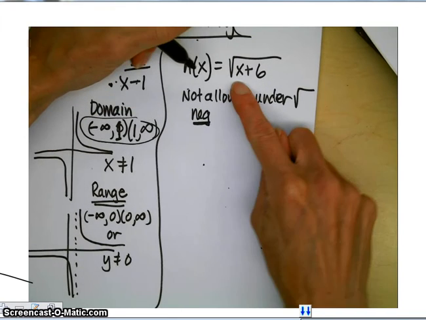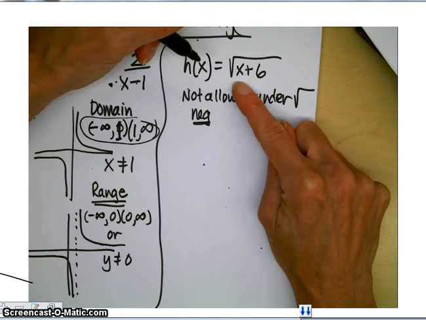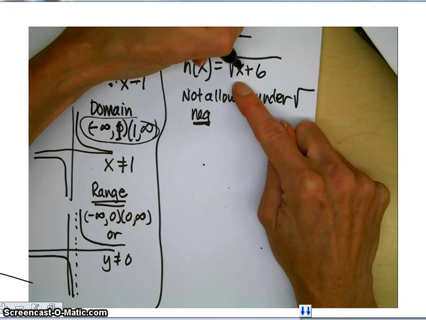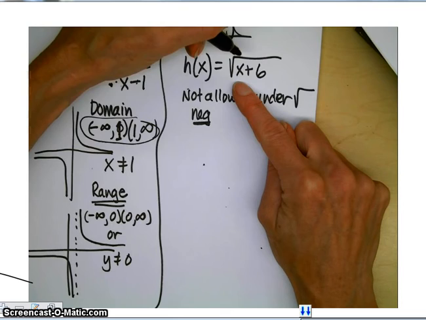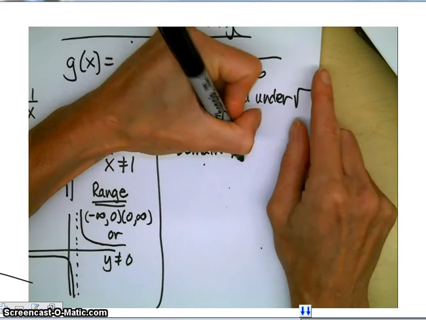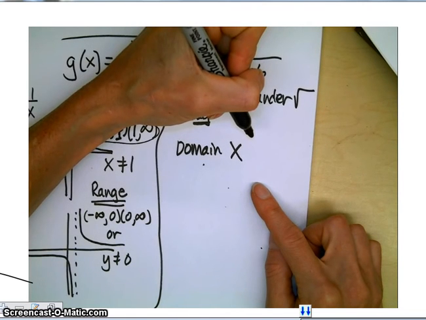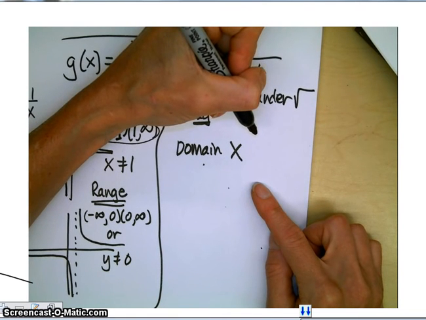So what would be the lowest number x could be before I'd hit a negative? It'd be -6, right? What's -6 plus 6? 0. So the domain, x has to be what? -6 or what? Larger. How do you write that?